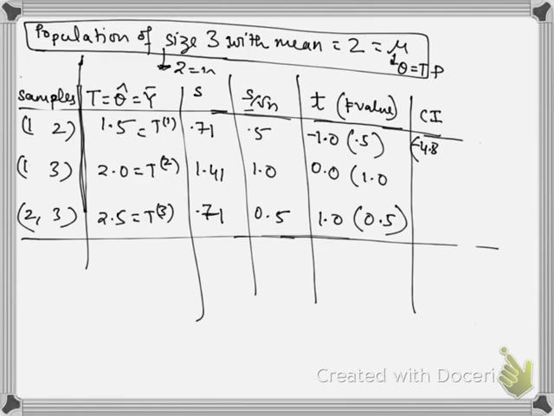Need more space. To 7.8, minus 10.7 to 14.7, and minus 3.8 to 8.8. So this is the table of sample statistics.